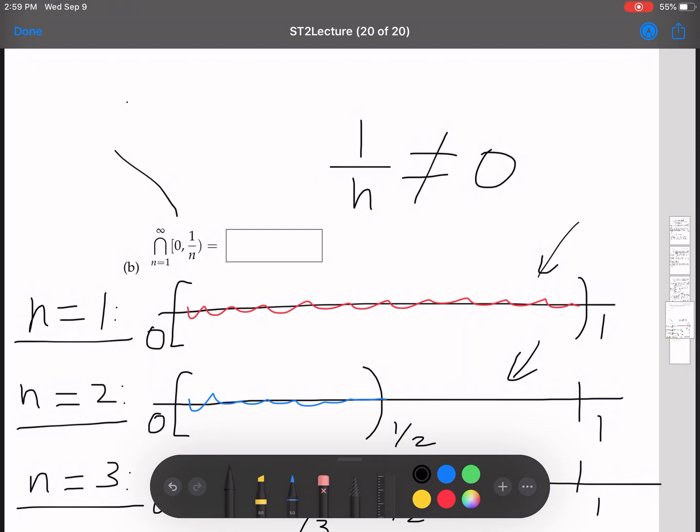Remember, this is a set. So we have to write it like that. It's the set containing 0. It's not just 0. We've got to have the same type. If we have that, then we have a set equal to a number, incorrect types. That's the correct answer.